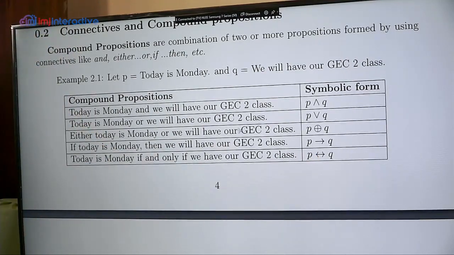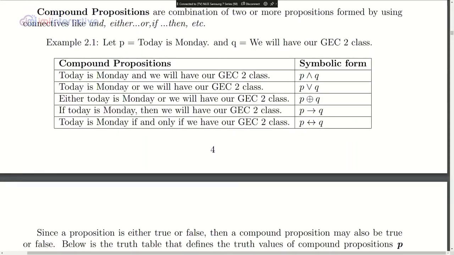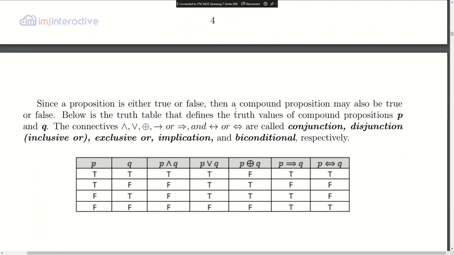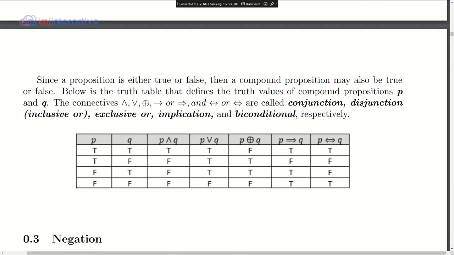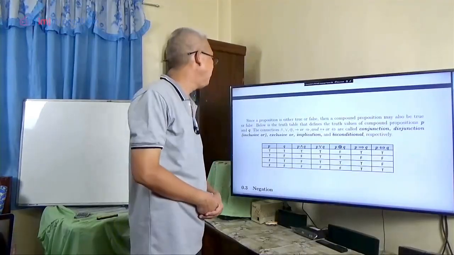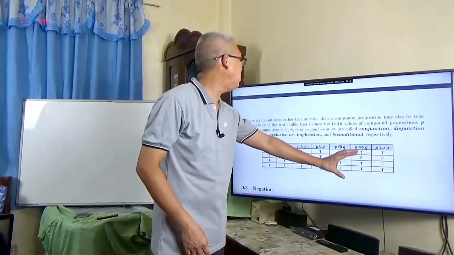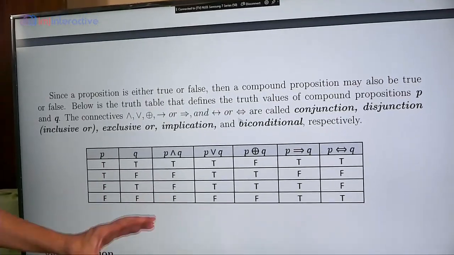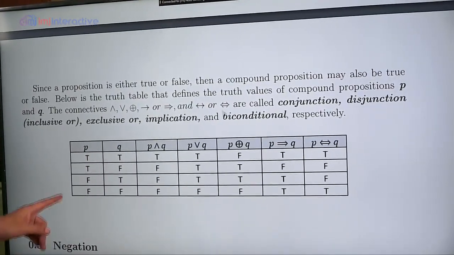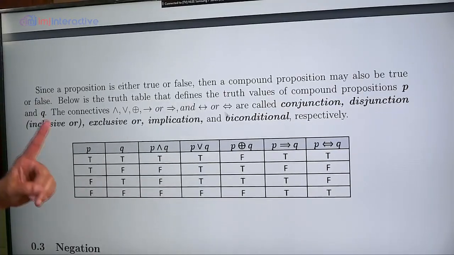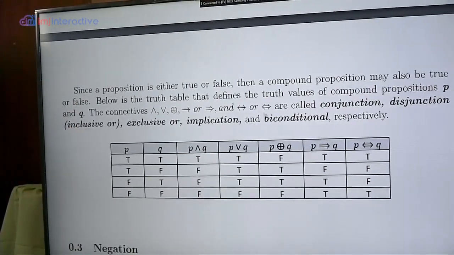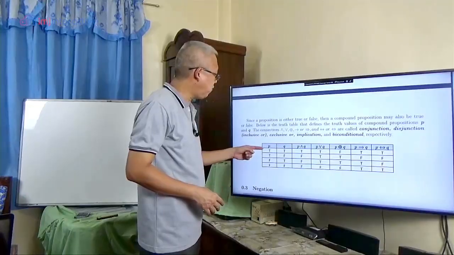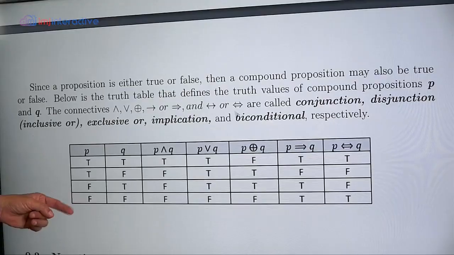Since a proposition is either true or false, when you combine propositions, the result can either be true or false also. So this is a table showing the truth values. It defines the truth values of compound propositions of P and Q. If you are given two propositions and you combine them, you can form four combinations.